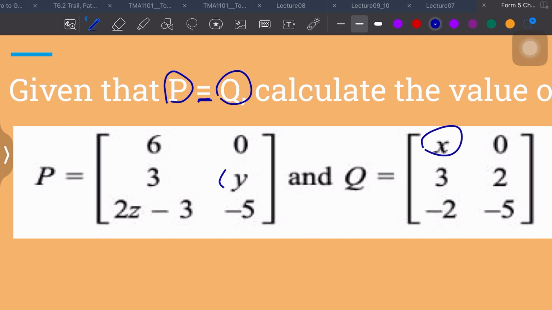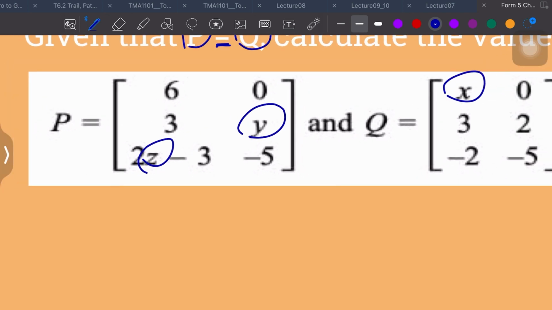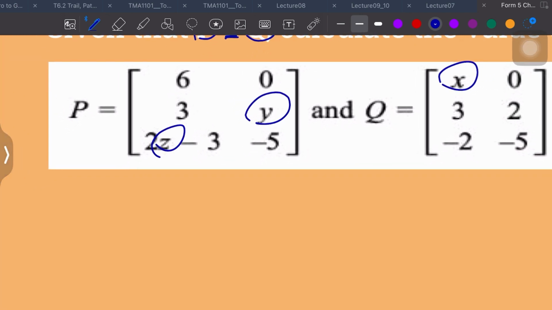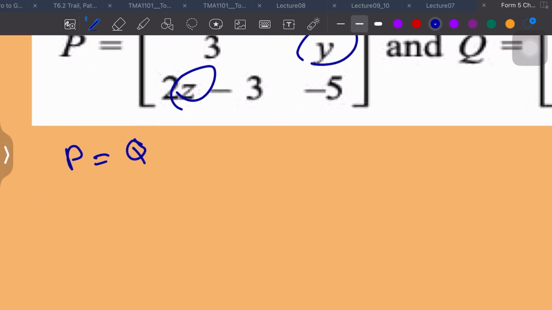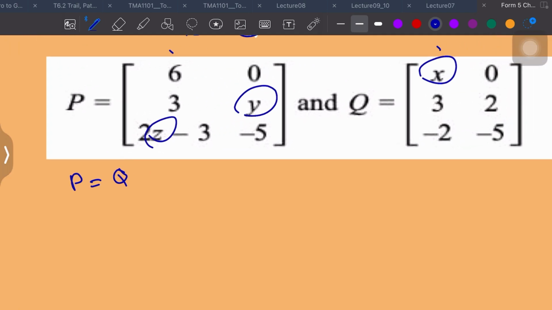Here we have X, in P we have Y, and we have Z. In order to find X, Y, and Z, we know that P is equal to Q, which means the same position in P and in Q has the same value. So first thing, X is equal to 6, obviously, right?